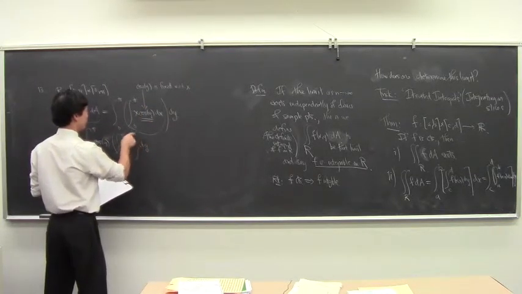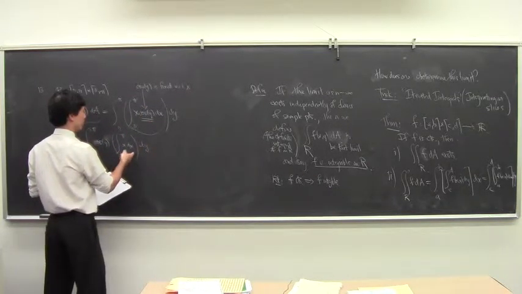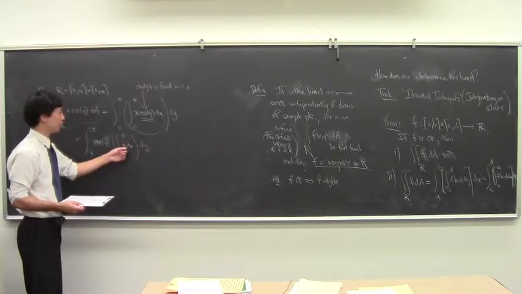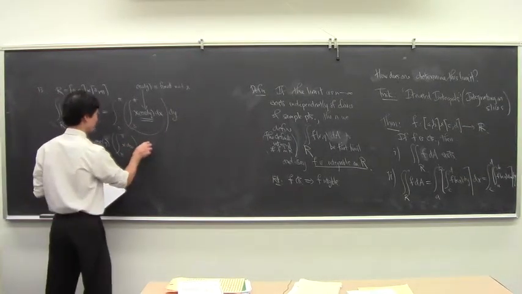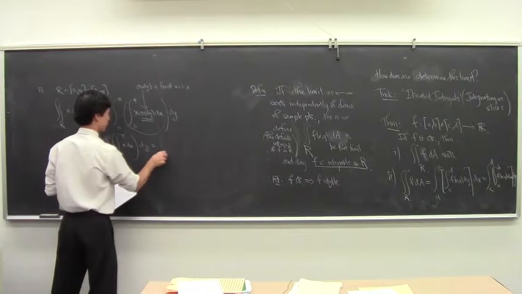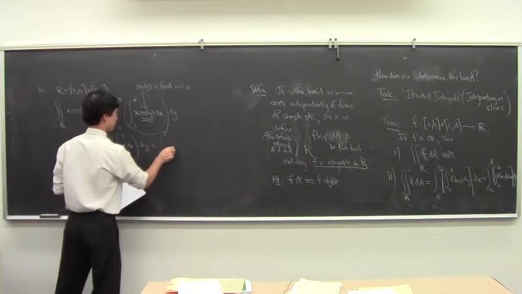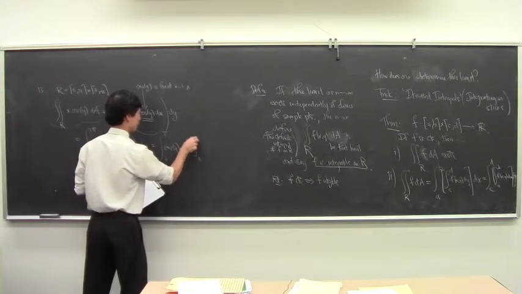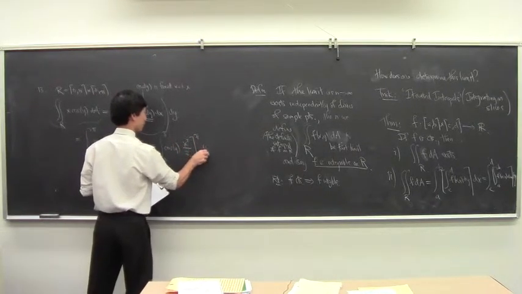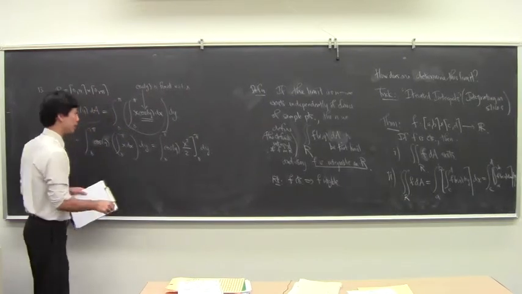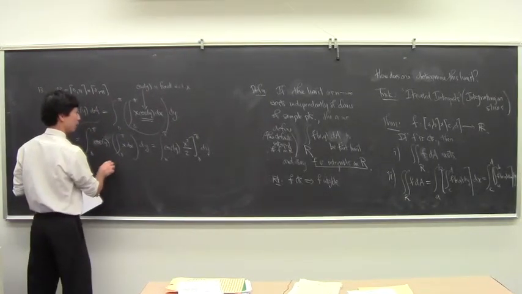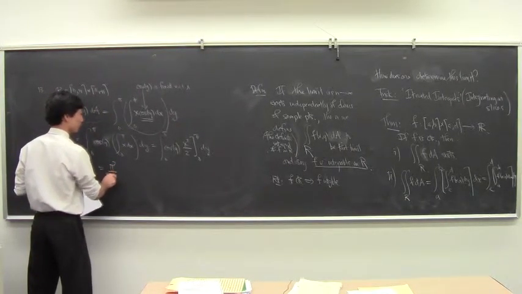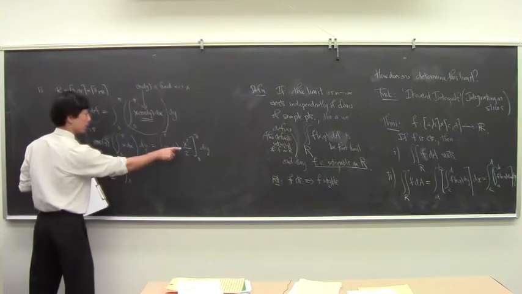What's the integral of that? Well, I'm going to get, of course, x squared over 2, evaluated between pi and 0. So I get pi squared over 2, minus 0.